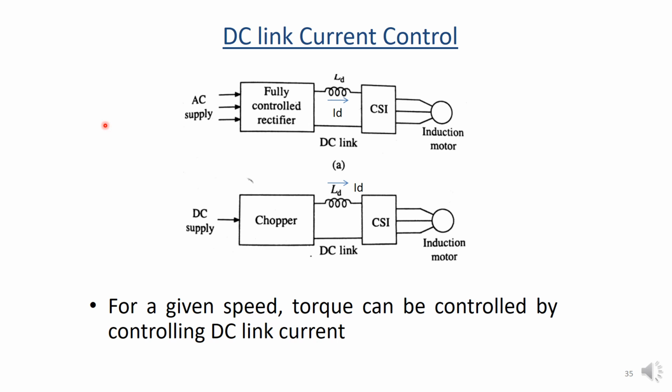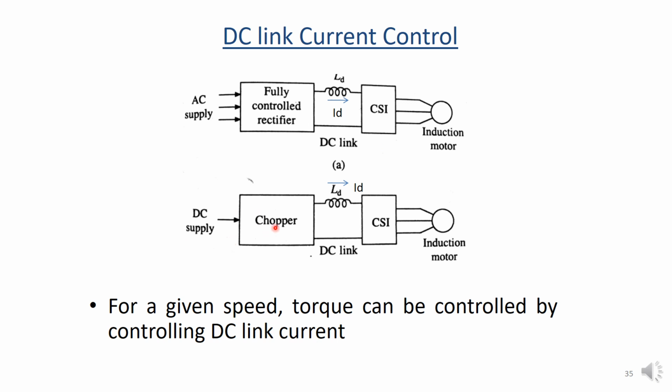Now let us see the DC link current control. If the supply is AC, by controlling the firing angle, we can control the DC link current ID. We have a large inductance LD connected to the CSI, and that CSI is feeding the induction motor.